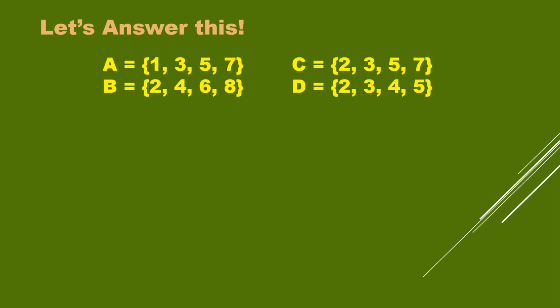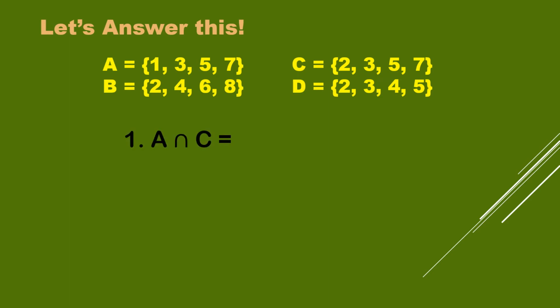Let's try our next activity. Let's try to answer this. Given, we have here A, B, C, and D. So let's try to answer the following. Set A consists of 1, 3, 5, 7; B, 2, 4, 6, 8; C, 2, 3, 5, 7; and D, 2, 3, 4, and 5.